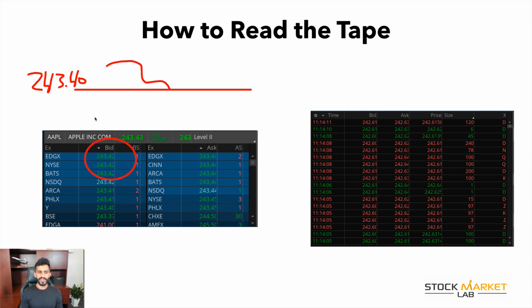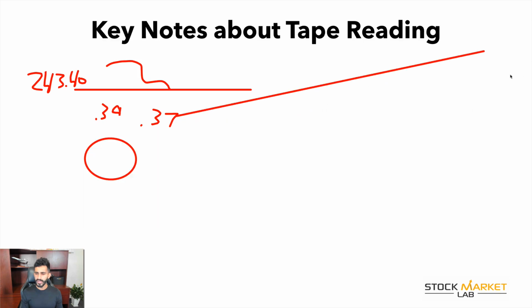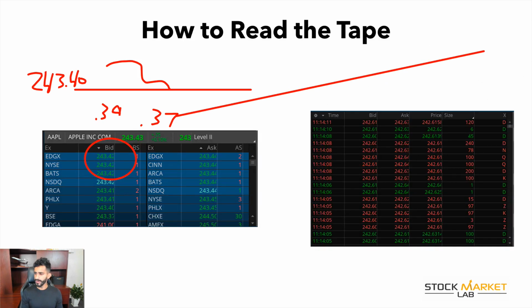Now sometimes this might go to 39, 38, or 37. When it does, what I want to see right here is size. If the size is immediate, a lot of size starts going and the price starts going down, sometimes I may not take the trade, because that may just be stop losses getting triggered.